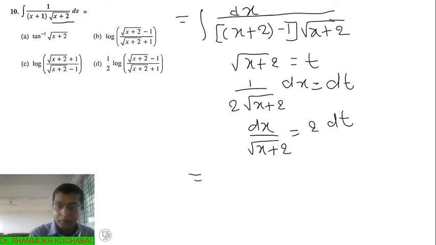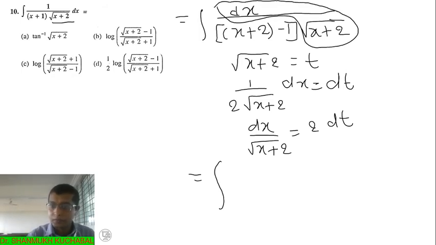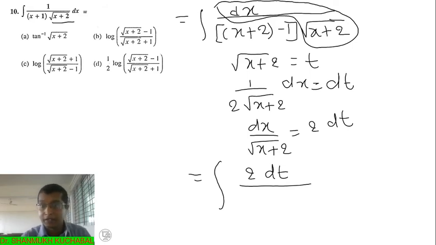So integration of dx divided by root of x plus 2 we can write as 2 times dt. Further, root of x plus 2 is t. If you square it, x plus 2 equals t square, so x plus 2 minus 1 I can write as t square minus 1.